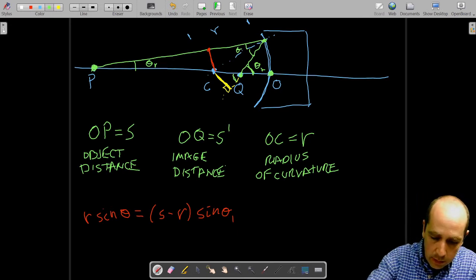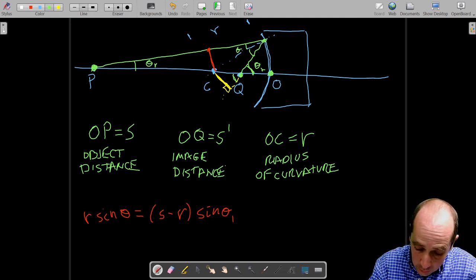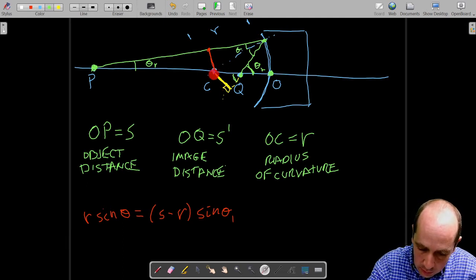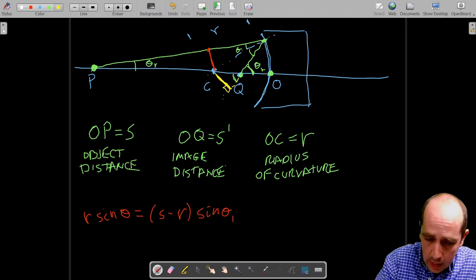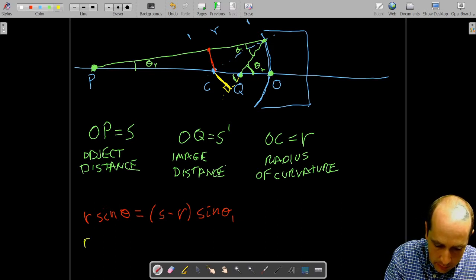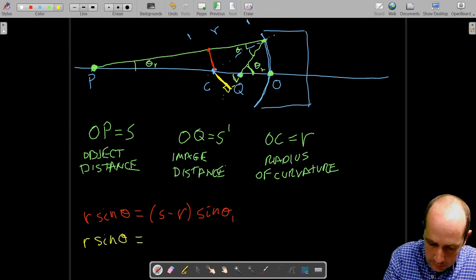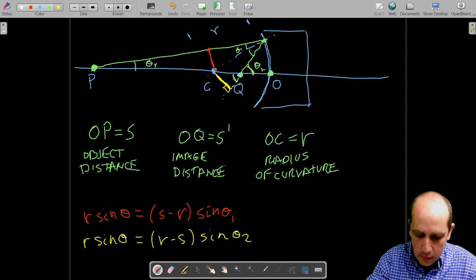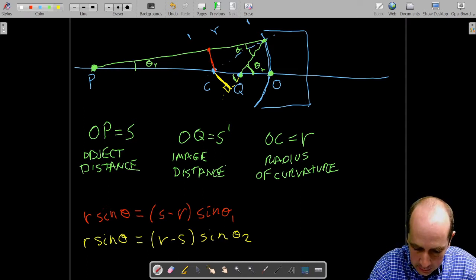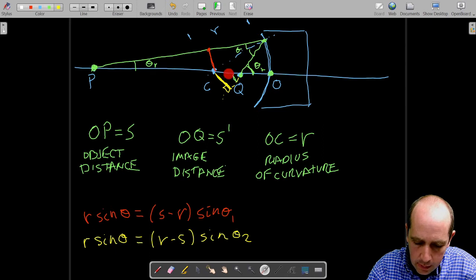And from those two triangles, the big one and this little one, what we obtain is that for this case, R sine of theta equals (R minus S) sine of theta 2. Okay, so in that case, the hypotenuse of the triangle will be this one.